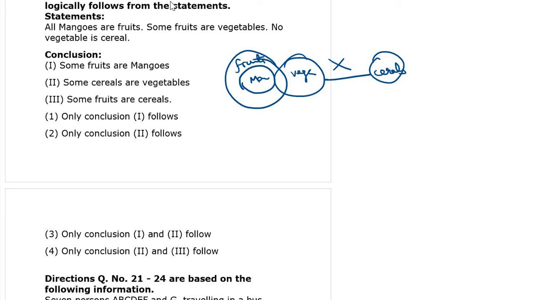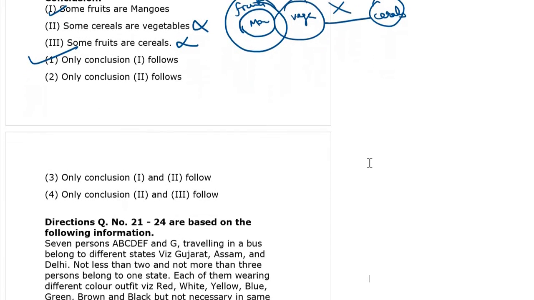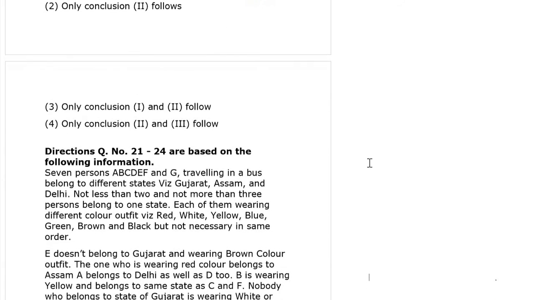Some fruits are mangoes, yeah, this one is correct. Some cereals are vegetables, no, not possible. There is no relation between vegetables and cereals. Some fruits are cereals, no. So the answer is only one follows. Next question.